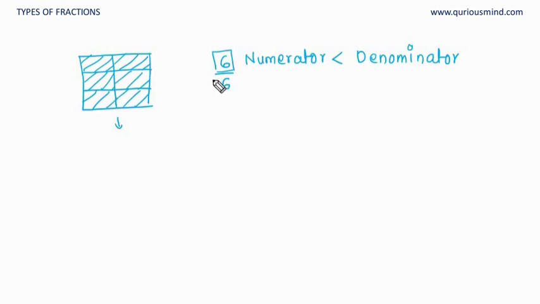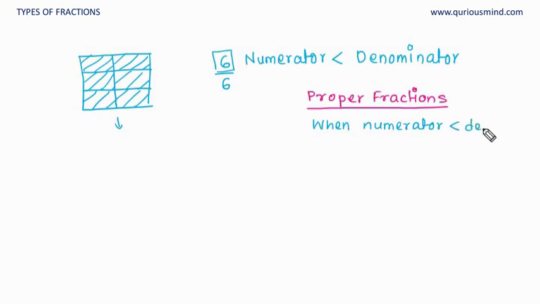I cannot take 7 parts out of 6. And when such fractions are available, they are called proper fractions. Proper fractions are the fractions where the numerator is lesser than the denominator.